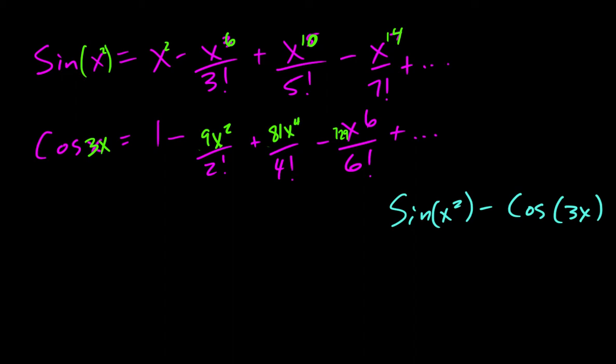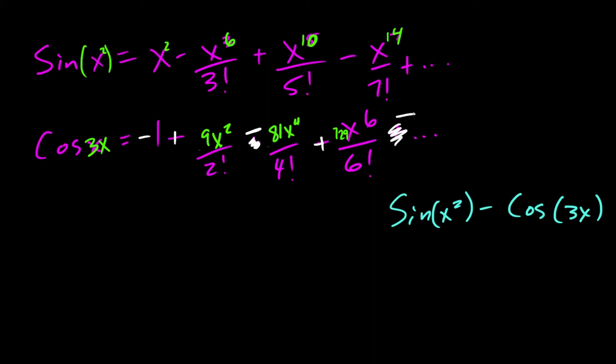Now, another thing that I'm going to do is I'm going to change all the signs on the cosine because it's subtraction. So it's like I'm distributing a negative to all these. So negative, positive, negative, positive, and this next one would be negative. Okay, so now we can do what we did on the first one.